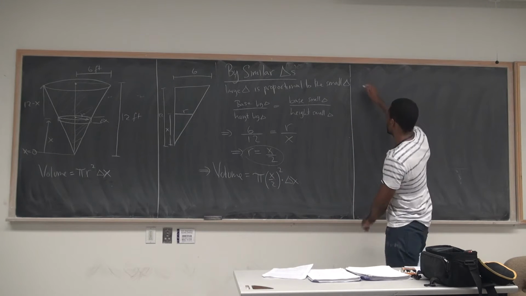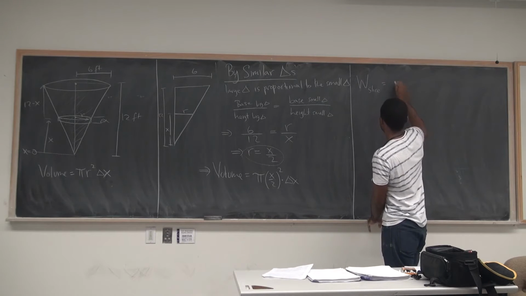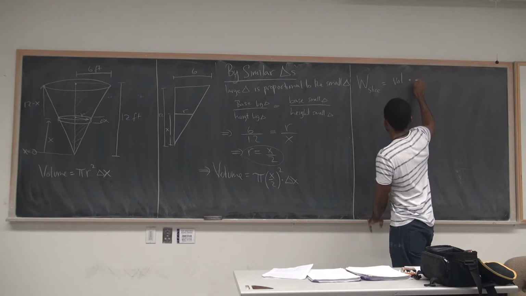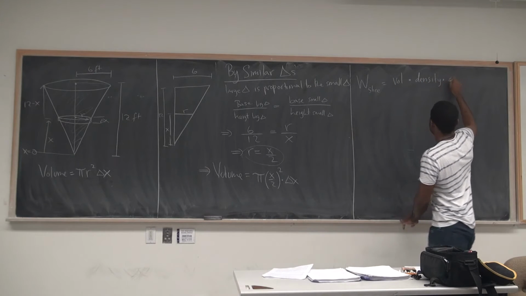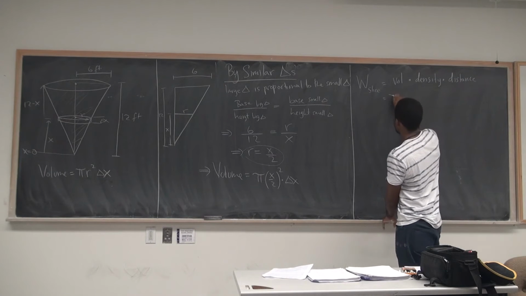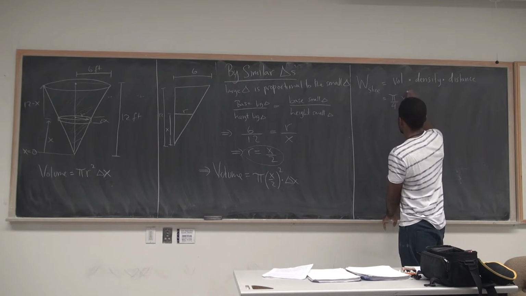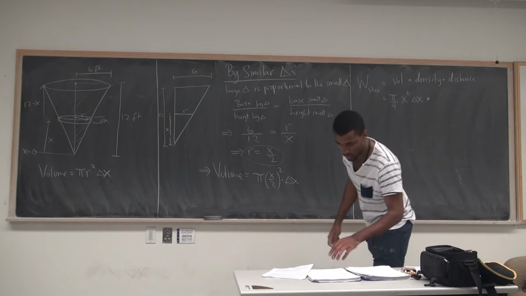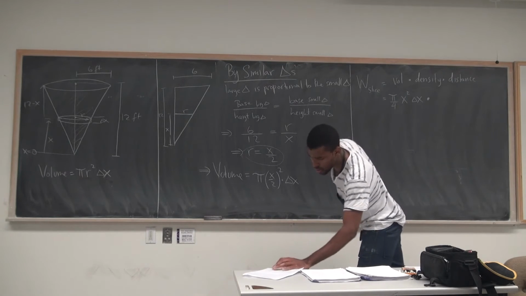And so now the work to move this slice is volume times density times distance. The volume is pi over 4 x squared delta x. The density, we were told, is 200.